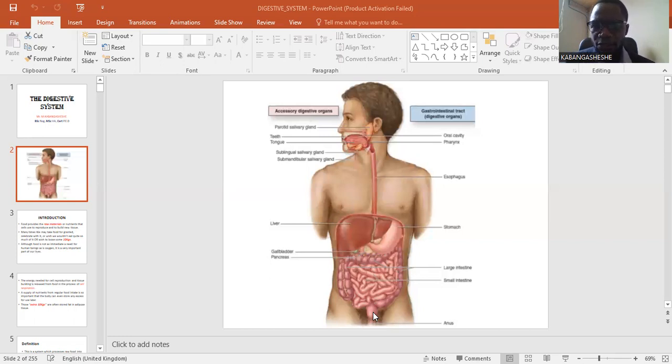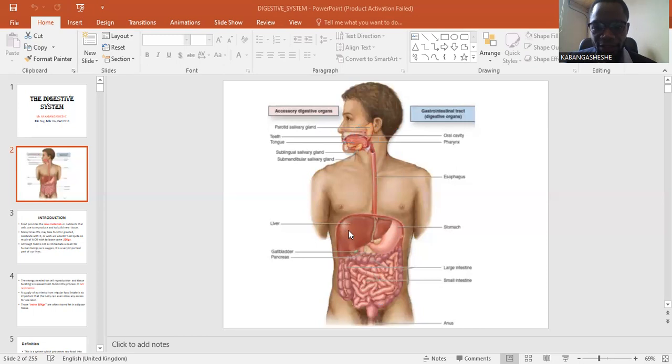In addition to that, we have other supportive organs, including six salivary glands. That is three on the left, three on the right: the parotid gland, submandibular gland, and sublingual gland. In addition to that, we have small glands found in the esophagus.